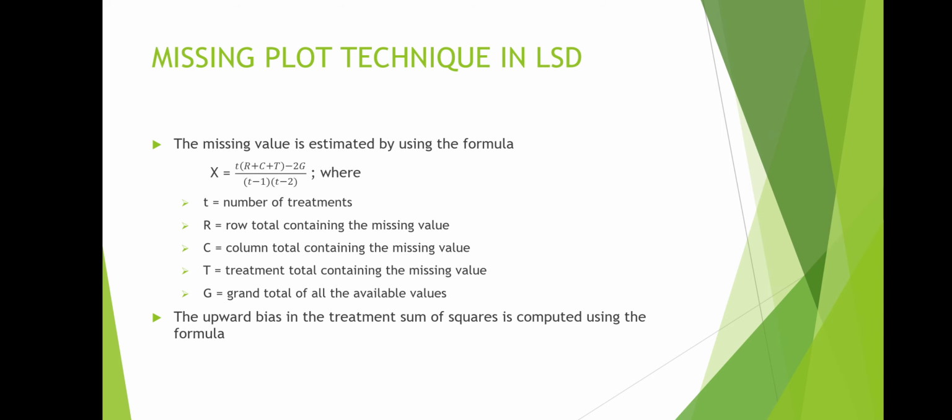Capital R stands for row total containing the missing value, capital C stands for column total containing the missing value, capital T stands for treatment total containing the missing value, and capital G is the grand total of all the values. Here also we have to calculate the upward bias, and we have to deduct it from the treatment sums of square.